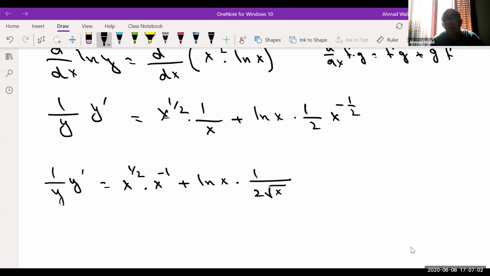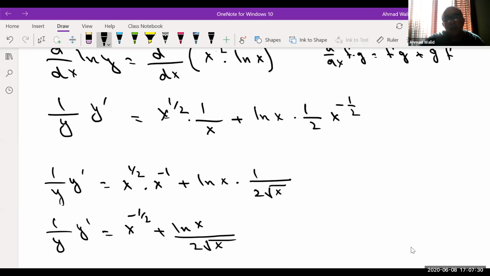Simplify this part. 1 over y prime equals x to the power of 1/2 times x to the power of negative 1/2 gives you x to the power of negative 1/2 plus ln x over 2 radical x.